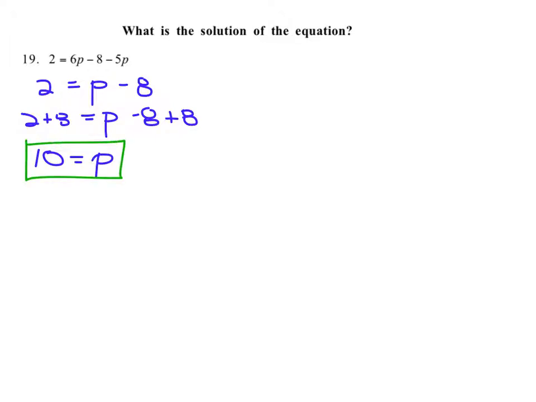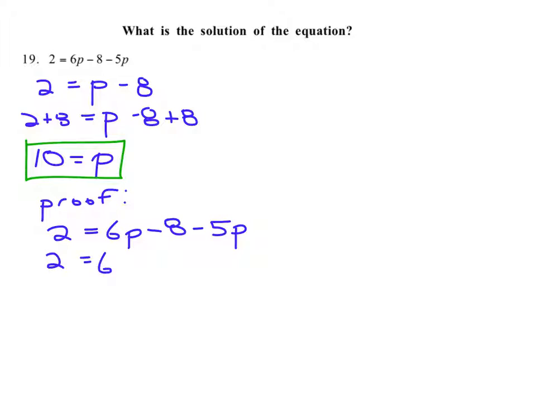Let's do a proof on it. I'm going to do the proof below because I just have space for it. 2 equals 6p minus 8 minus 5p. 2 equals 6 parentheses 10 minus 8 minus 5 parentheses 10.